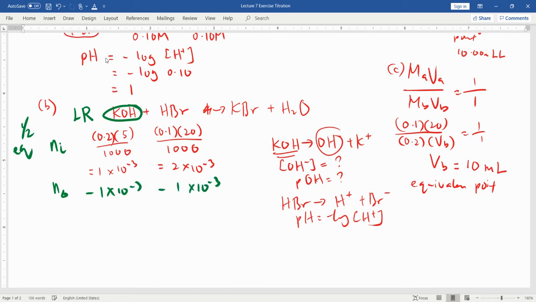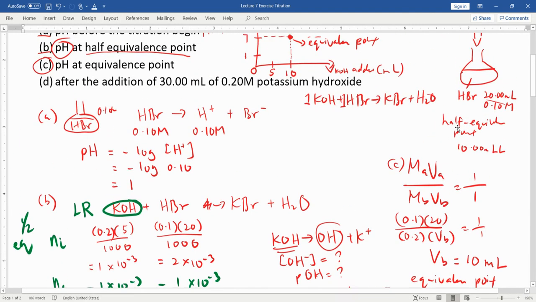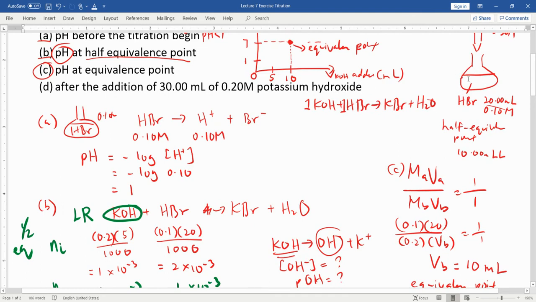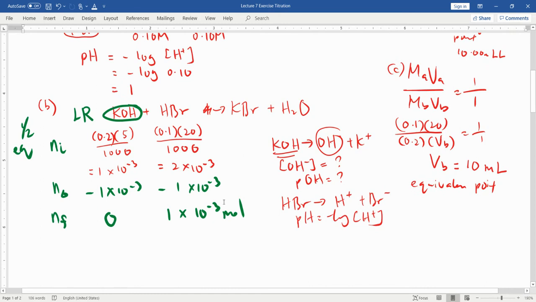So HBr will reduce as much as well. Okay, so finally, limiting reactant completely react, and then what we left is only with hydrobromic acid. Okay, means now our analytes, the solution, we only have neutral salt and also excess HBr.